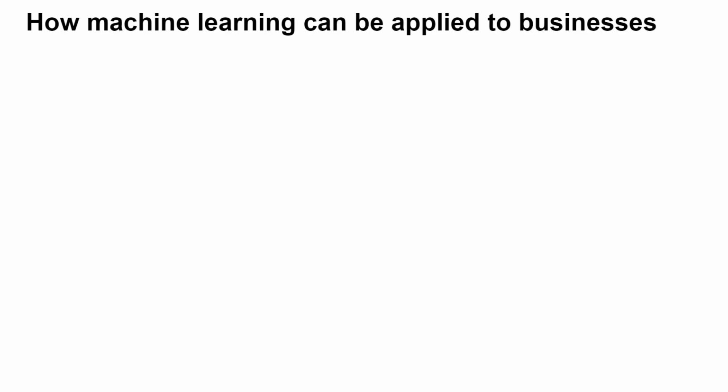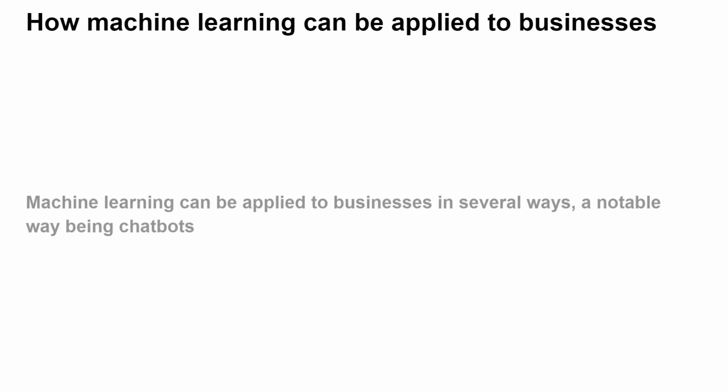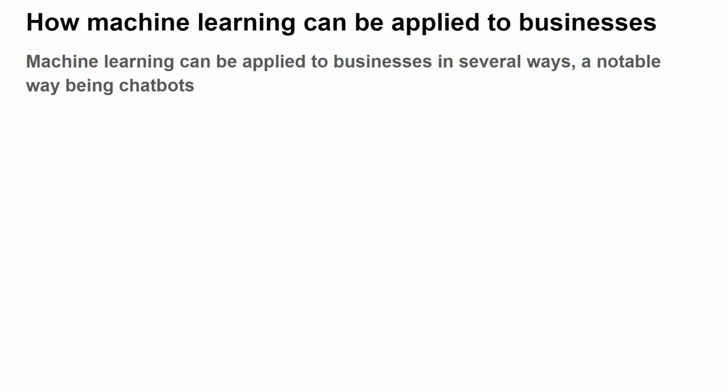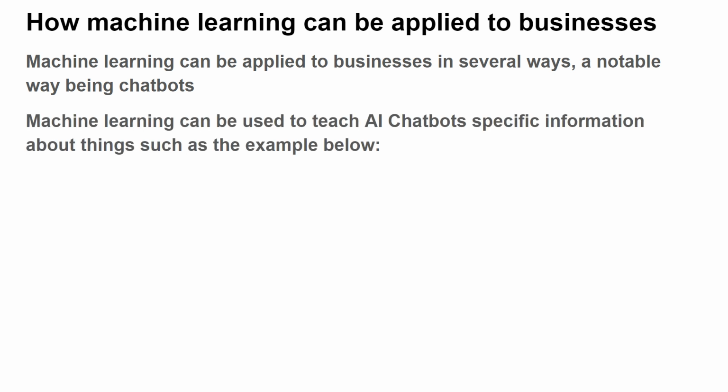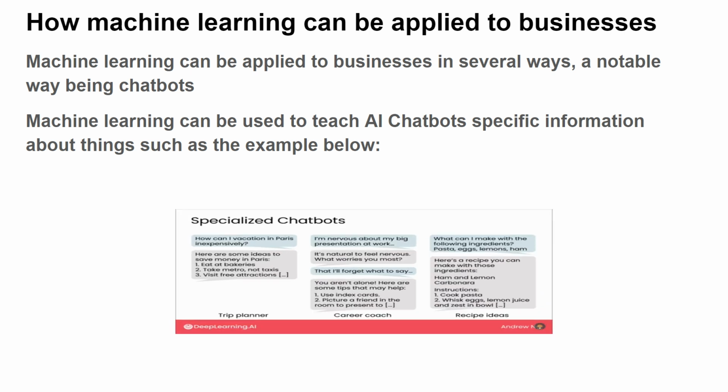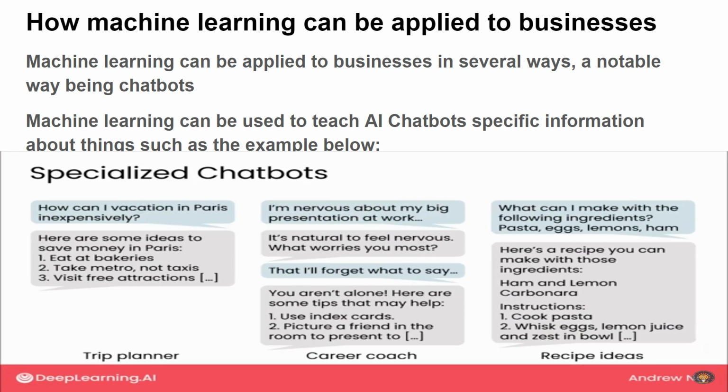Now, for how machine learning can be applied to businesses. Machine learning can be applied to businesses in several ways, one notable way being chatbots. Machine learning can be used to teach AI chatbots specific information about things such as the examples below. The first example is a chatbot that's specialized in planning trips.